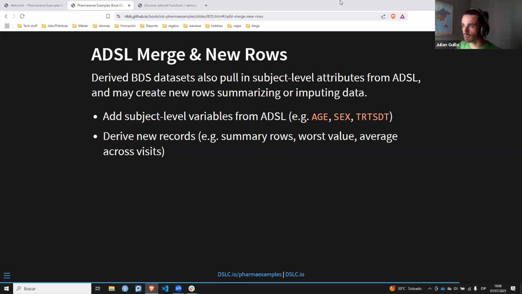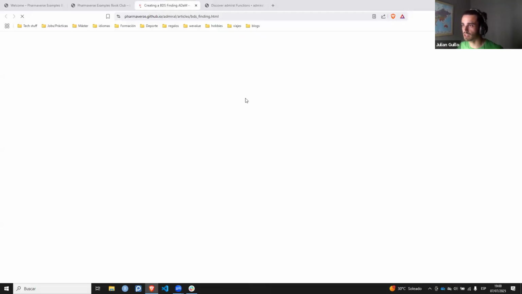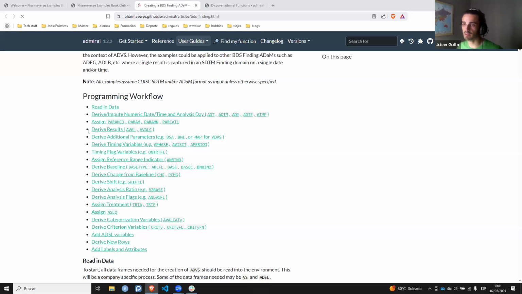Okay, then yes, after the merge, we will go into the hands-on workshop that we're not going to see today. It's an example that is slightly different from the pharma examples we've been looking at, but quite similar.